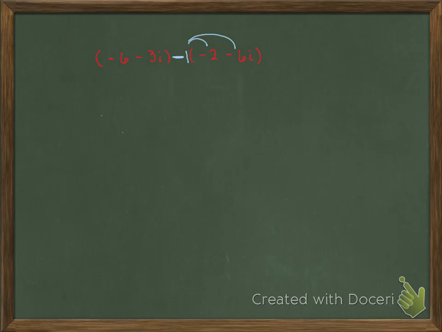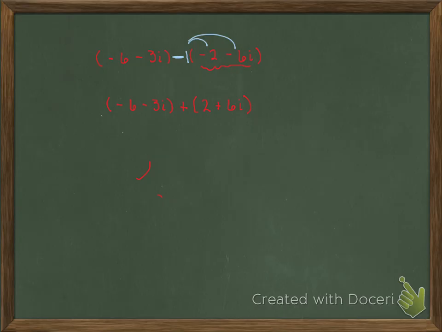So we could rewrite this whole thing and change it from a subtraction to an addition. Negative 6 minus 3i plus, now we're going to distribute that negative 1 into that set of parentheses. So negative 1 times negative 2 is positive. Negative 1 times negative 6i is also positive.